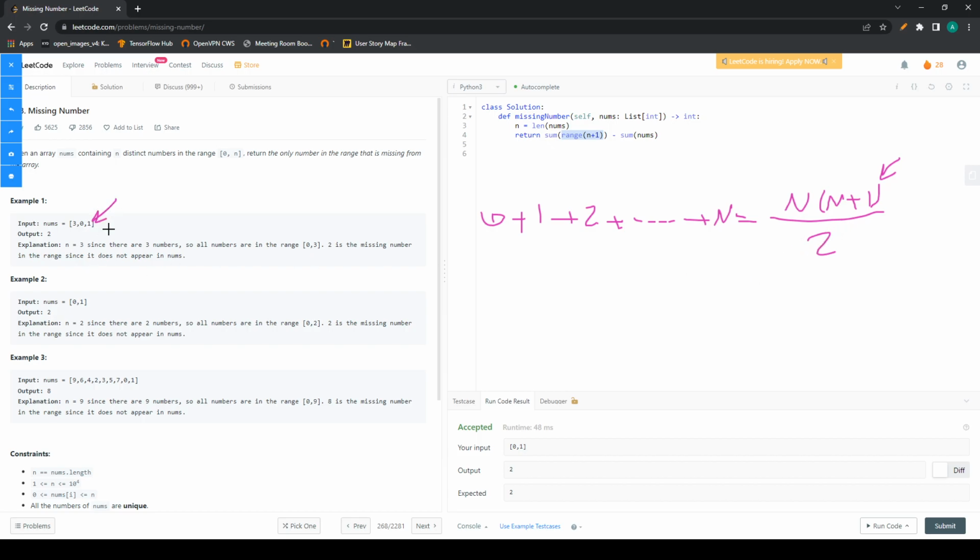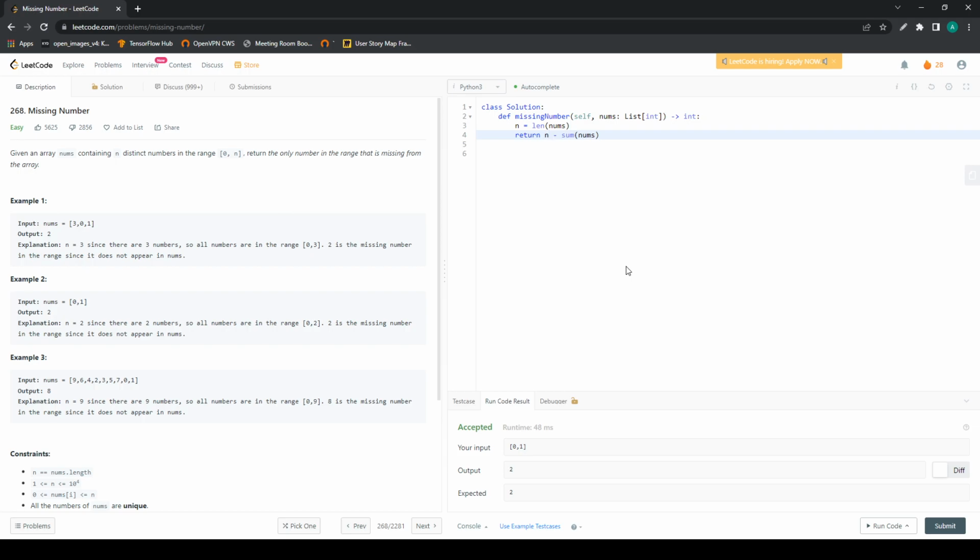So for example, here n is 3. The sum without the missing number should be 3 times 4 divided by 2, which is 6. And then we compute the sum of the array, which is 4, and 6 minus 4 is 2. So instead of using the range, I can say n times n plus 1 divided by 2, so it will be computed in O(1) instead of O(n).